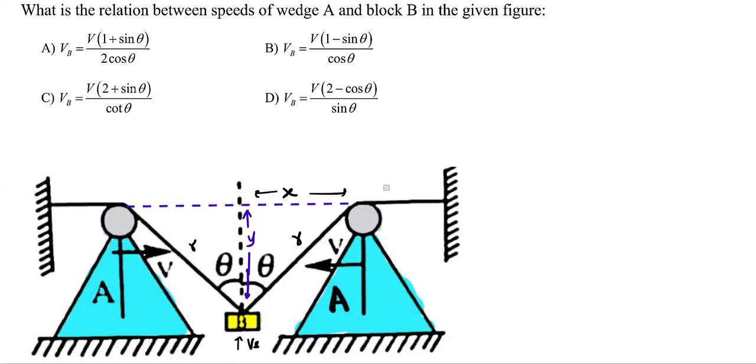Let this be Y, and let this be S. As it is symmetric, the same ideas will come. X, this will be R and this will be Y. So what should happen to this particular length? It has to remain constant.